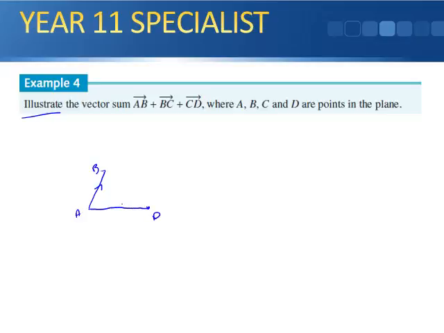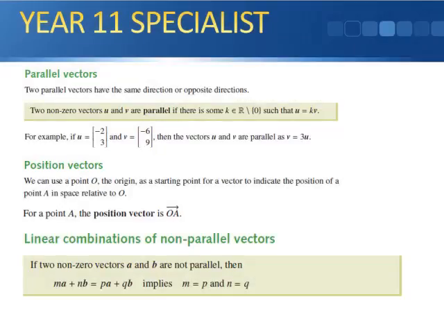There's going to be my D, and that's going to be the final result, A to D. So B to C, I'll just draw out here. There's C. And then C to D is going to be this final one. Oops, supposed to be a straight line. Final one down here. So AB goes there, BC goes there, CD goes there, and then the final result is A to D. So we've just illustrated that one.